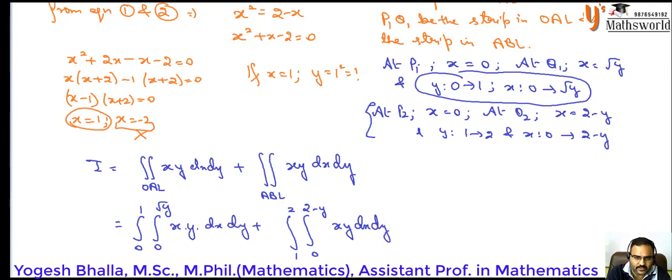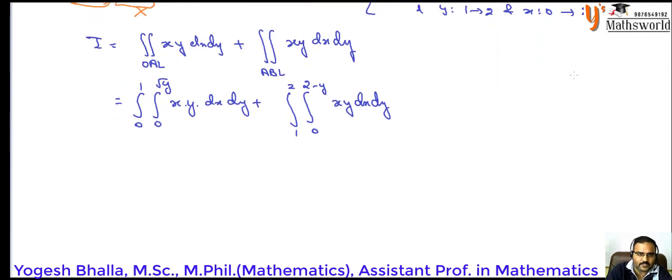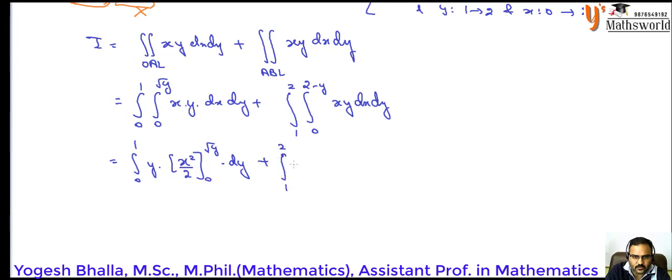Now we have to integrate both integrals with respect to x first. So 0 to 1, y as it is because it is a constant, and the integral of x will be x square by 2 within the limits 0 to root y, dy, plus 1 to 2, y times x square by 2 within the limits 0 to 2 minus y, dy.